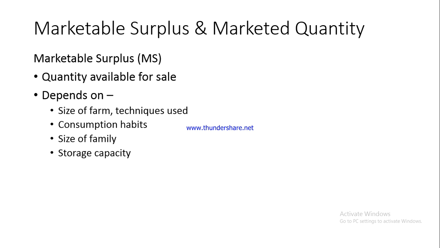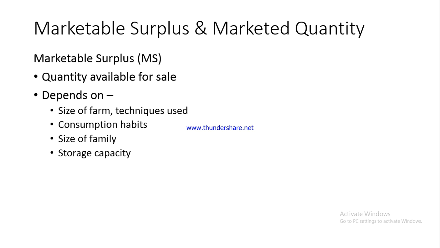Again, consumption habits are also very, very important. Now just think of a farmer in UP and think of a farmer in Tamil Nadu, and suppose let's say that both of them are growing paddy. Now you understand, in UP, in north, paddy or rice is not the staple food. We generally have wheat, while in south the staple food is paddy or rice. Now if the farmers in UP and Tamil Nadu, both the farmers in our example, have produced the same amount of paddy in their fields, the marketable surplus would be more for the North Indian farmer.